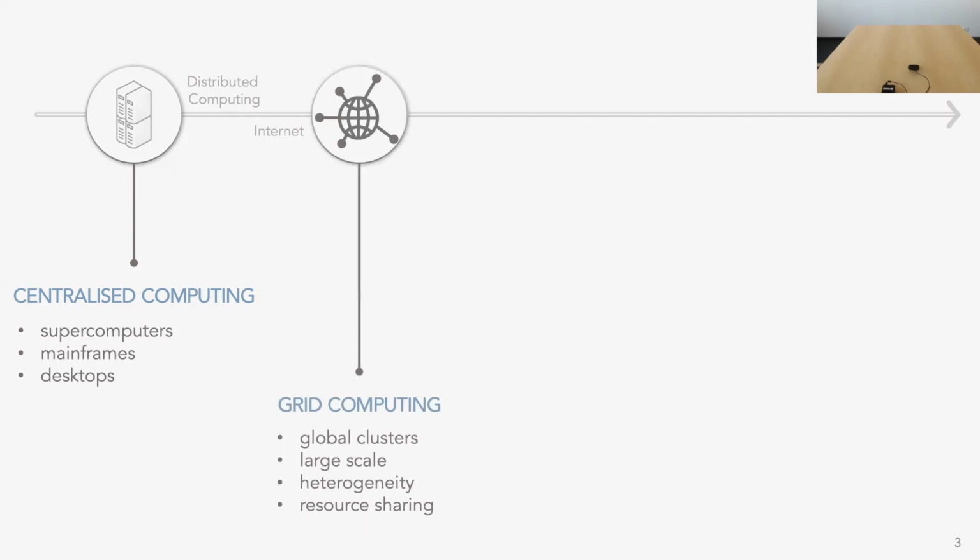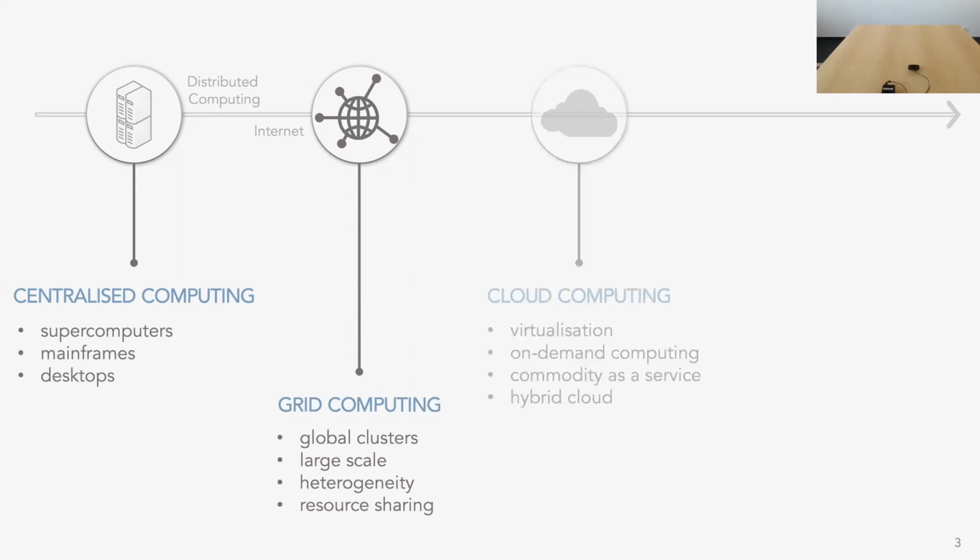This was the ability to join together multiple clusters that are geographically distant from each other to form a larger, large scale cluster. This concept started introducing heterogeneity, so different clusters would have different hardware, different operating systems, and so on. But still, the concept worked well and allowed users to share their resources throughout the world.